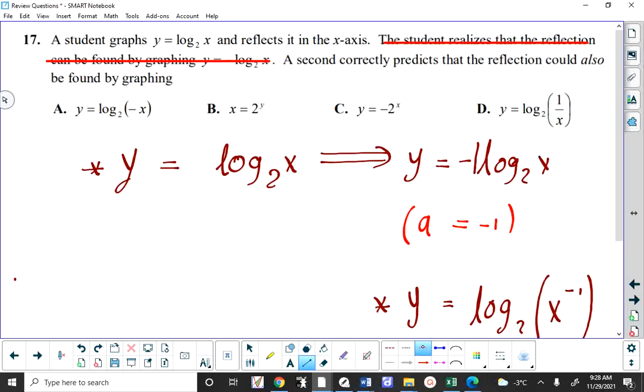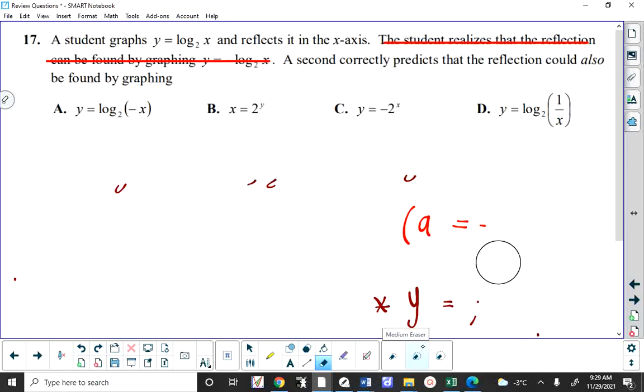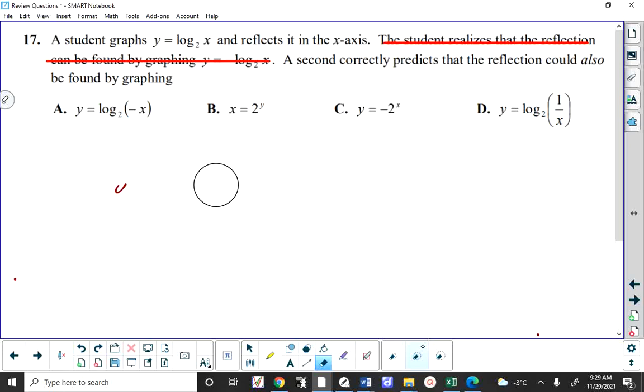If you're told it's reflected across the x-axis, you shouldn't need to be told that it's -1 times log base 2 of x. You should know that. And from there, you can move that exponent up. If I were to give this question, I think I could make it into a really good exam question by saying, we reflect that original function in the x-axis.